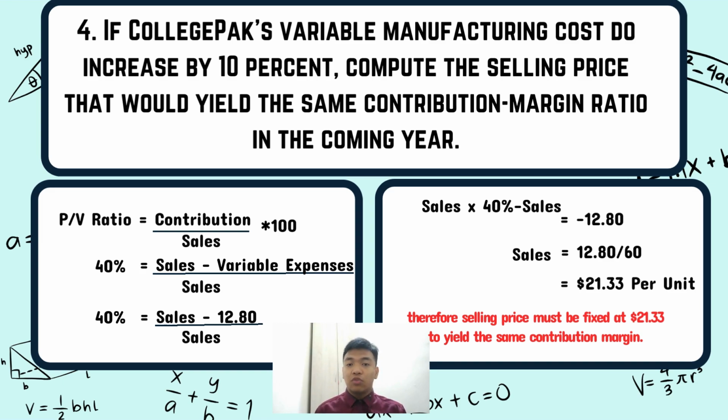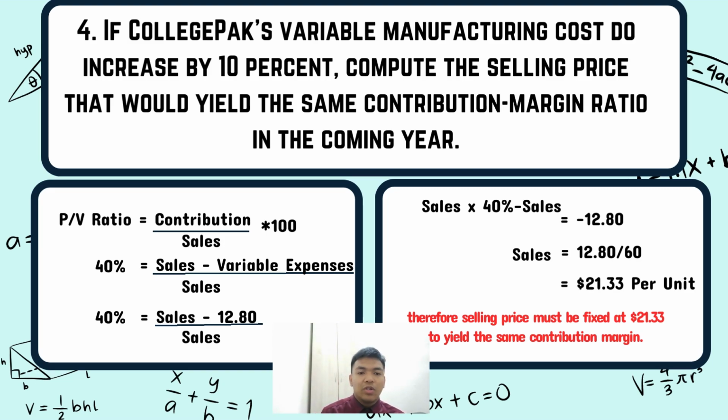The last question is, if College Park's variable manufacturing costs do increase by 10%, compute the selling price that will yield the same contribution margin ratio in the coming year. To do this question, we must use the PV ratio formula. The question wants to maintain the contribution margin ratio in the coming year, so we use our PV ratio from the previous question, which is 40%. As you can see, 40% equals sales minus variable expense divided by sales.